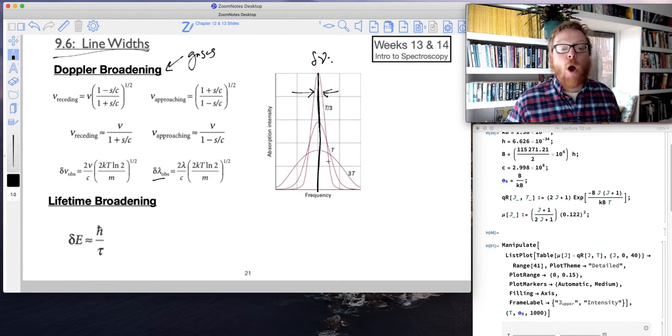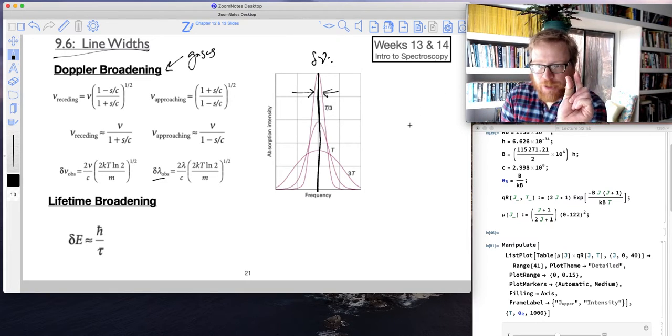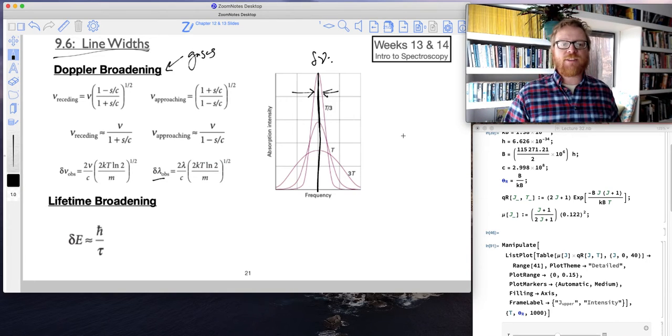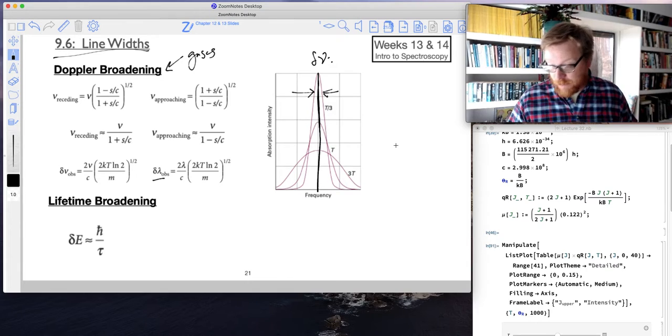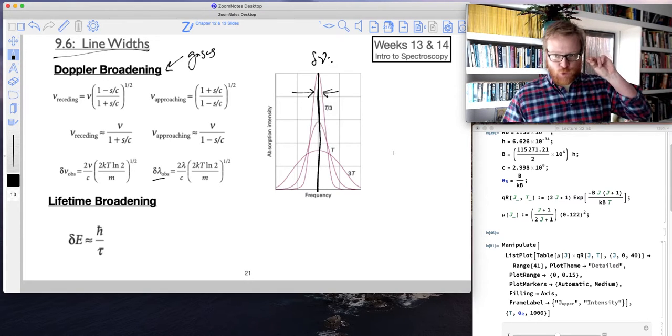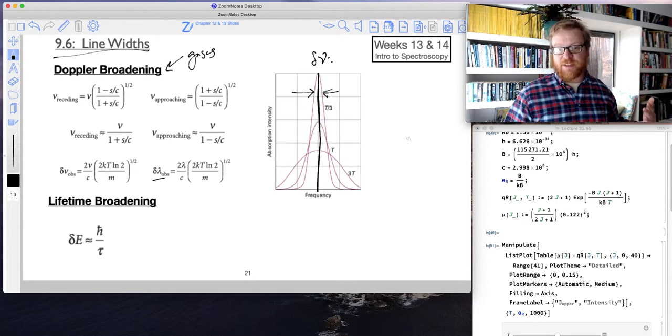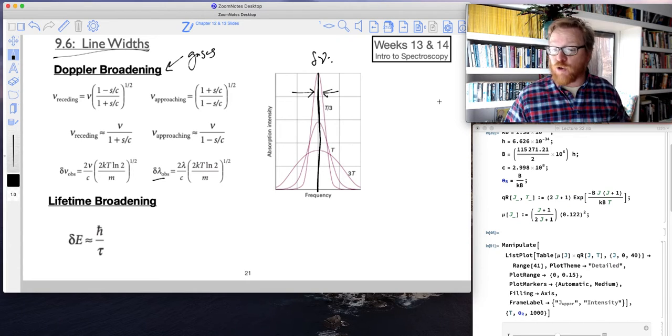And you can see there's definitely some Boltzmann stuff going on there, with the 2kT. And the important thing to note, as you might expect, is the colder a molecule is, the sharper its peaks are. That's due to its random, chaotic Brownian motion. Whether it's moving towards the observer, and in this case the observer is the spectrometer.